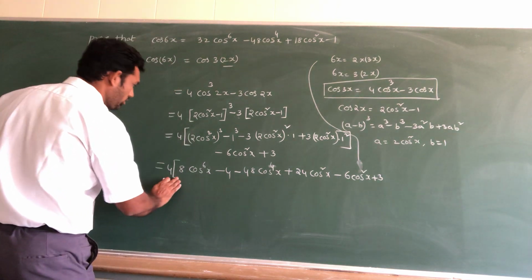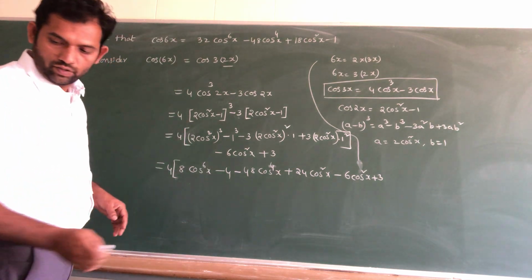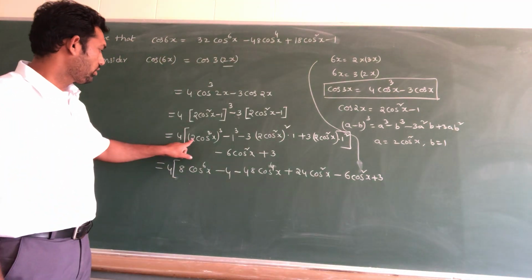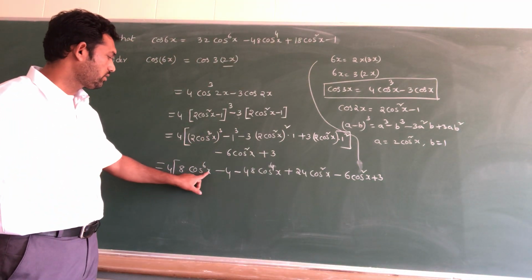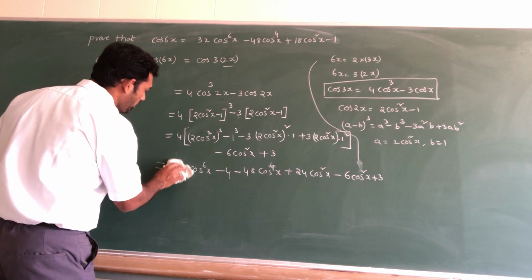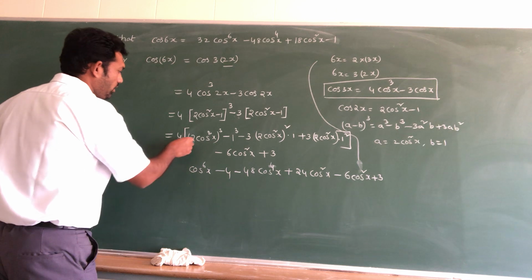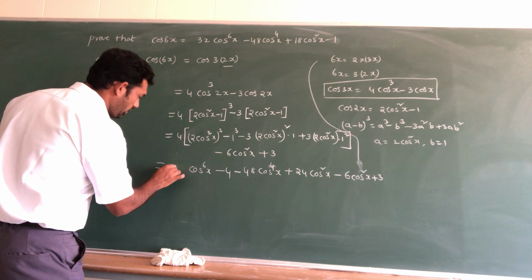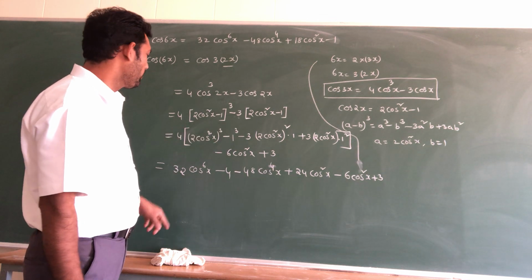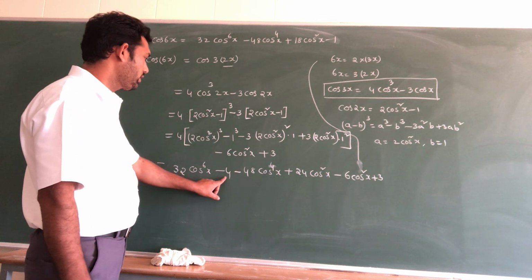So this bracket also you should remove. See once again, listen. So 2 cube is 8, cos^6 x. Next, multiply with 4: 8 into 4 is 32 cos^6 x. Next, 1 cube is 1, so 1 into 4, minus 4.